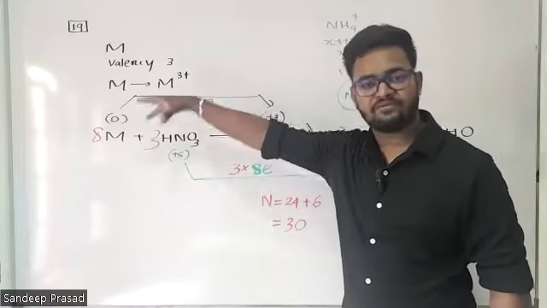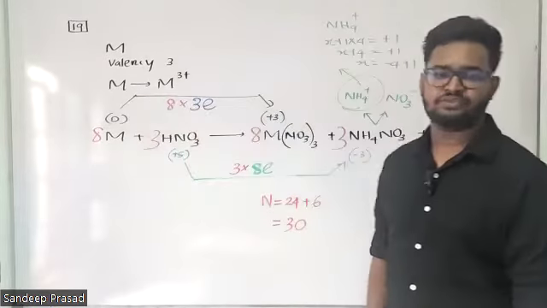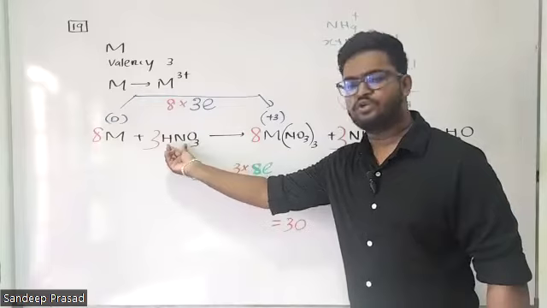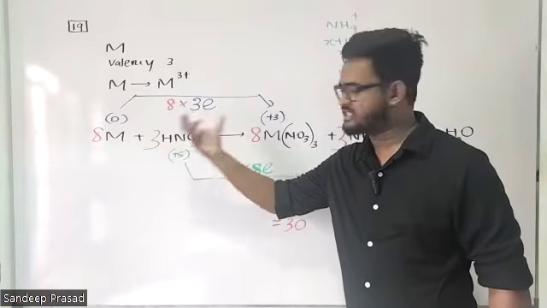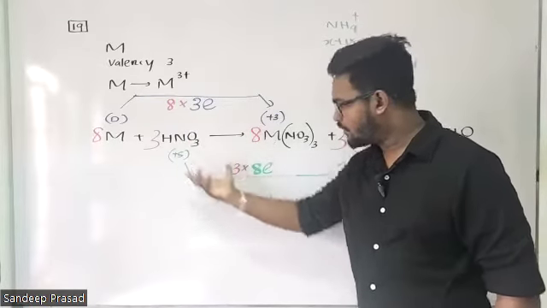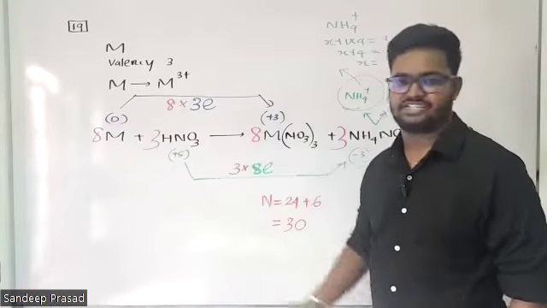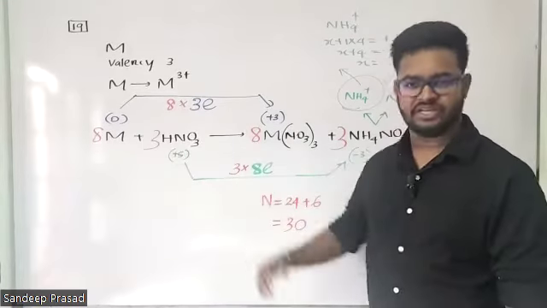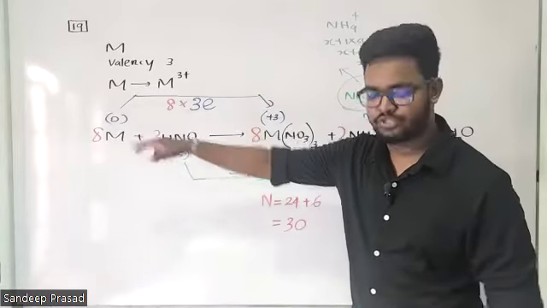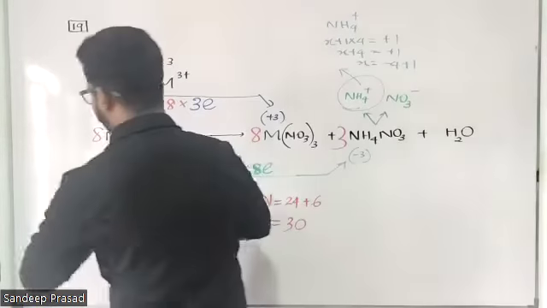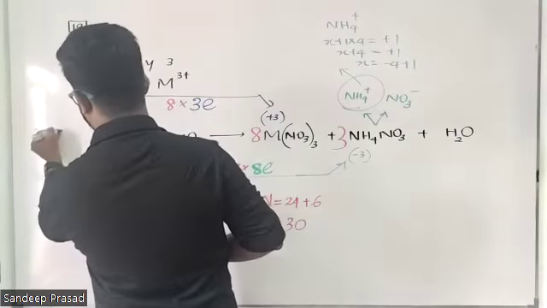Those nitrogens came from the acid HNO3. This HNO3 molecule I have written is only representing the oxidizing agent HNO3. There is also the acid HNO3. I have to mention it. Then how many acid HNO3 should come? 27 acid HNO3 should come.